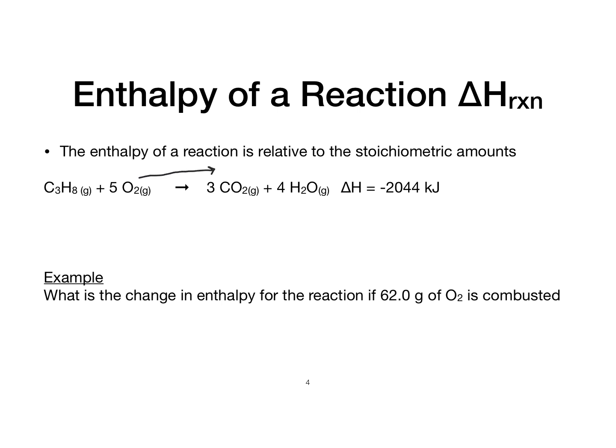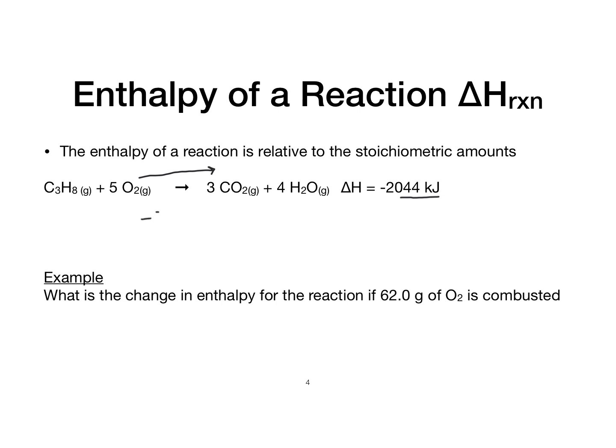So in this case, the delta H of the reaction is negative 2,044 kilojoules. Now, this here is often thought of as kilojoules per mole, but it's kilojoules per mole of what?